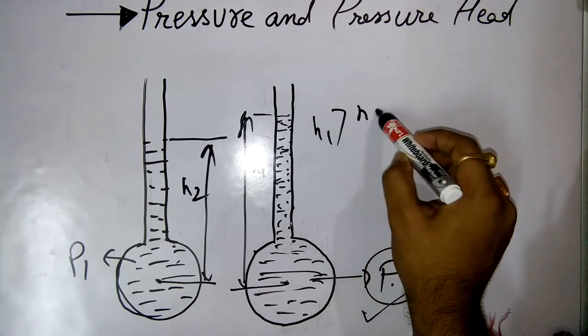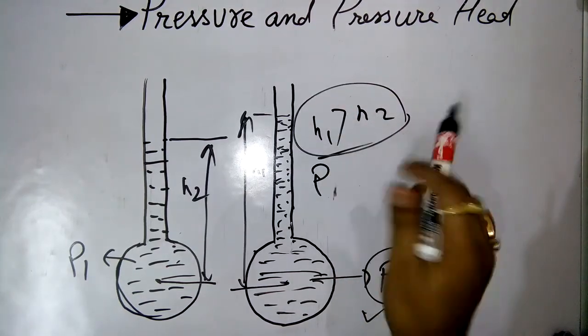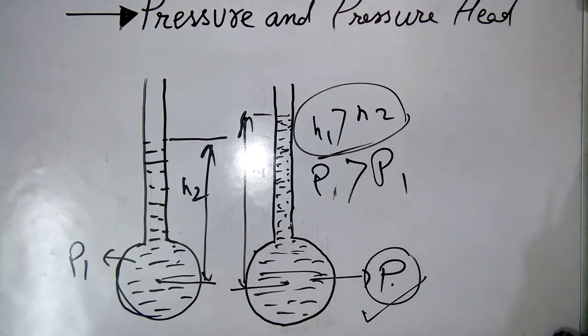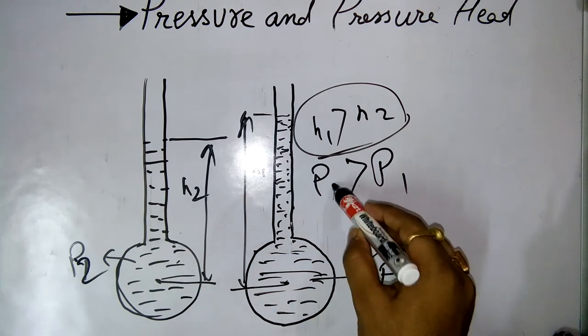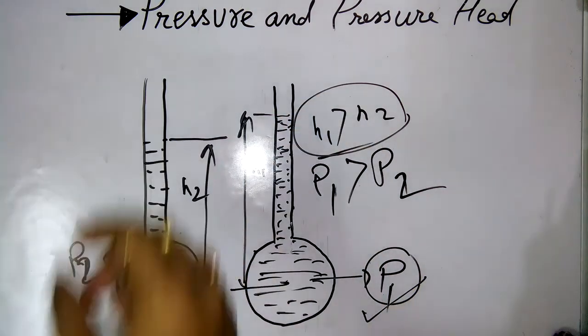That's why I can say pressure P1 is more than P2. This arrangement is known as piezometer. These are known as piezometer tubes.